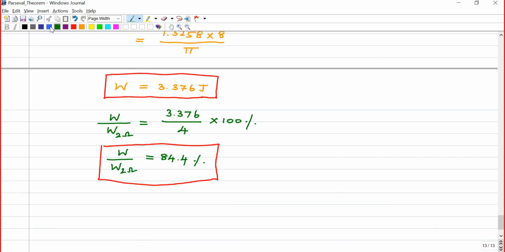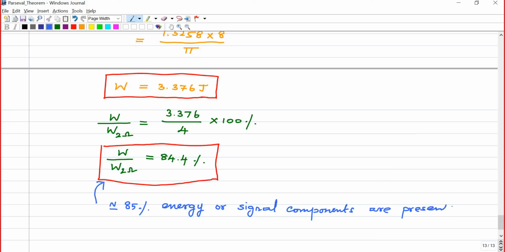Okay, let me write that. Approximately 85% of the energy or the signal components are present in the frequency band minus 4 to plus 4 radians per second.